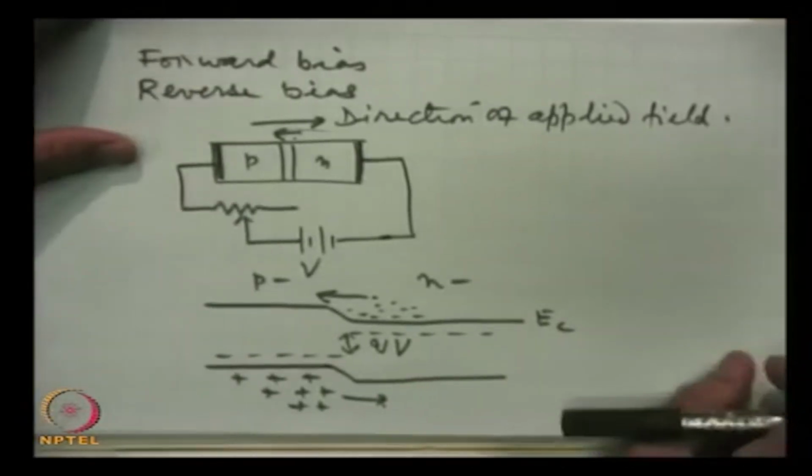Now, there are several interesting points. I said that depletion width also depends on applied voltage, and the expression for depletion width was written here. By simple logic we can understand, because in forward bias a lot of majority charge carriers like holes from the P side will be injected into the base region, and then finally they will move to the N region.